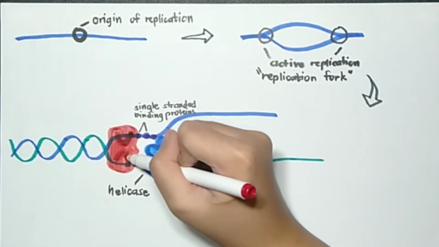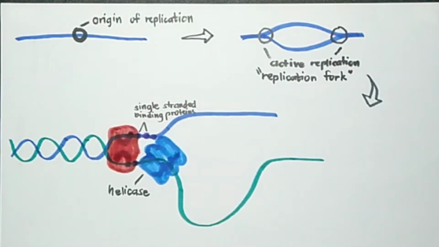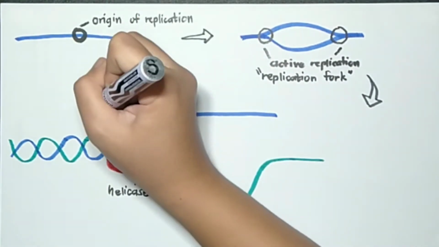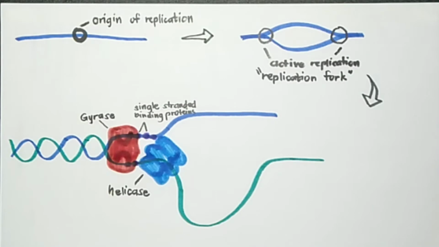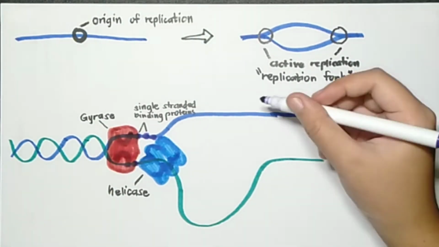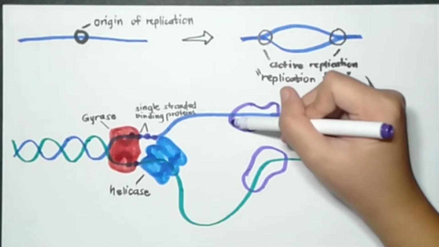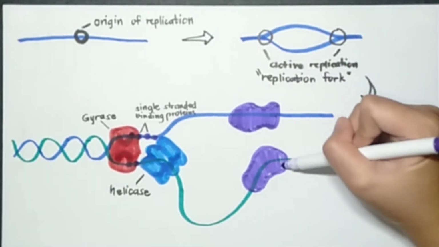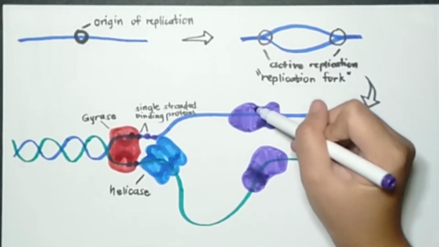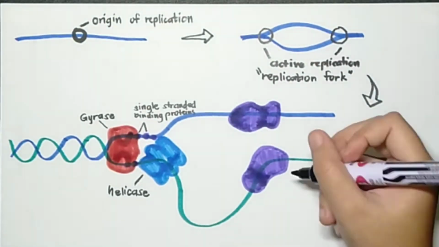DNA gyrase makes sure that the double strand outside the replication fork will not supercoil. Once the replication fork is stable, DNA polymerase, which is an enzyme, will catalyze the addition of new nucleotides to the growing strand.